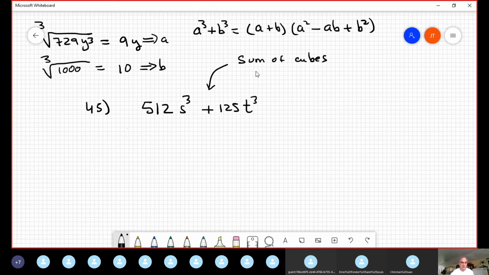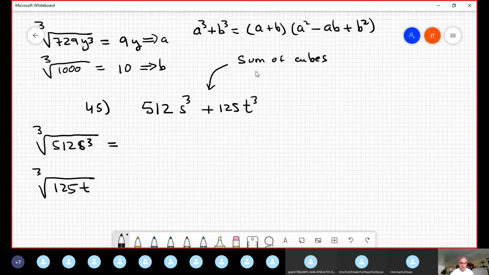Okay. So my goal is to try to find the cubic root of 512 S cubic and the cubic root of 125 T cubic. Any help? What is the cubic root of 512? I have no idea.